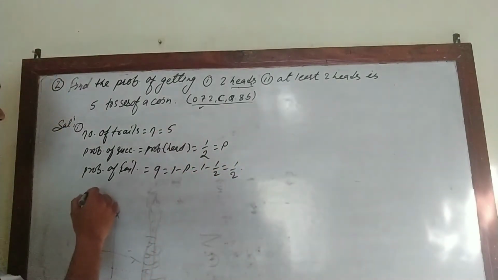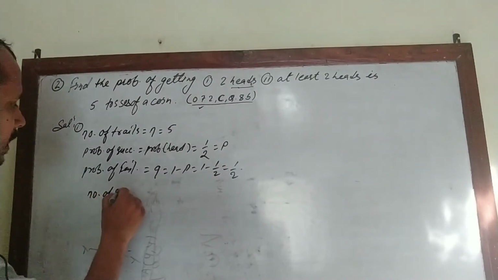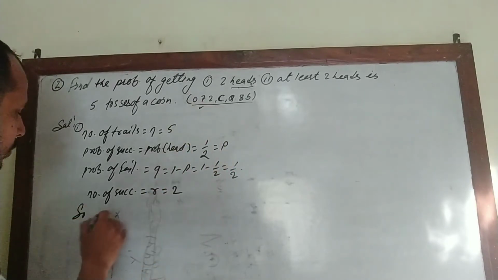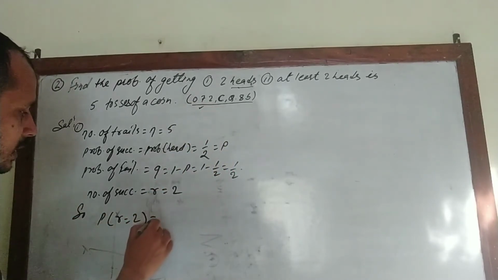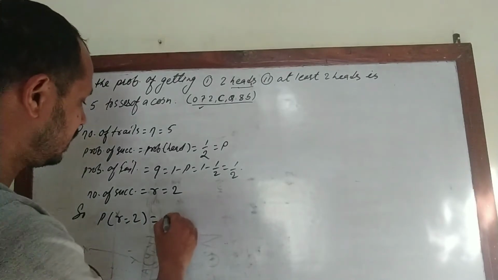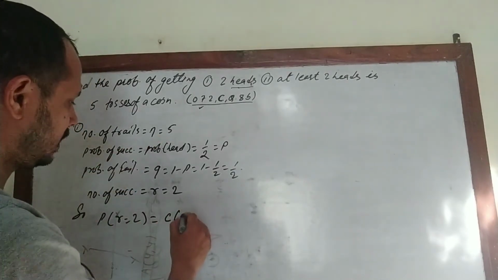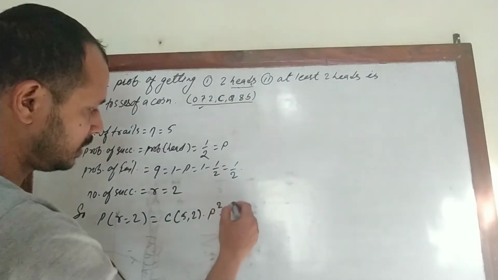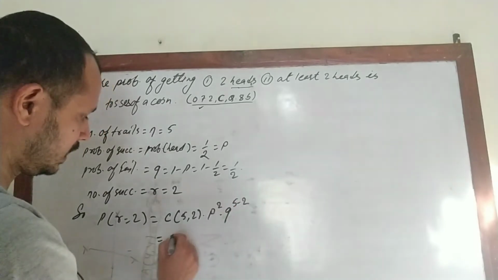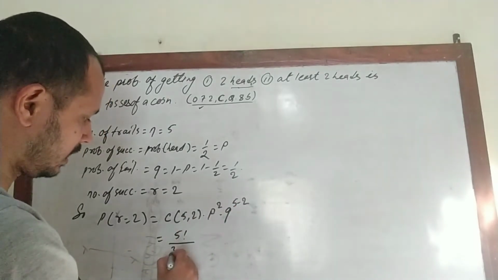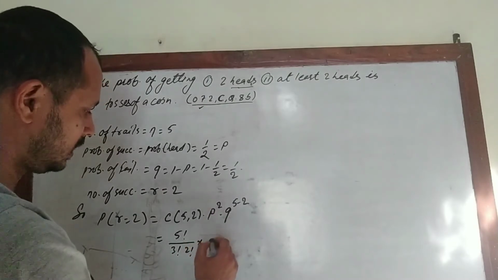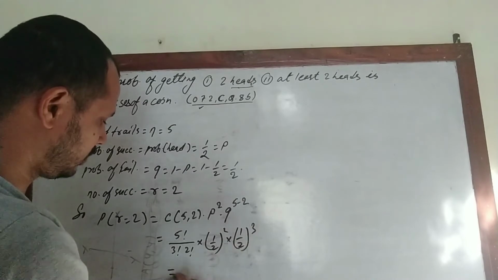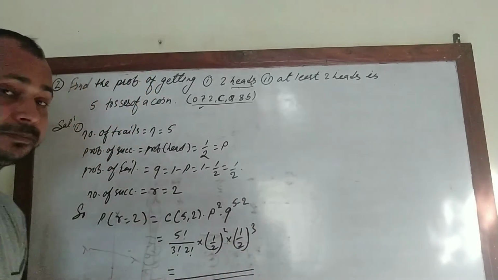And for question number 1, how many times do we need success? 2 times, 2 heads required. So the probability of getting success 2 times is equal to C(n, r), n is 5, p to the power r into q to the power n minus r. So here we get n factorial over (n minus r) factorial, p square, that is 1 by 2 square into 1 by 2 cube, and the simplification will give us the answer.